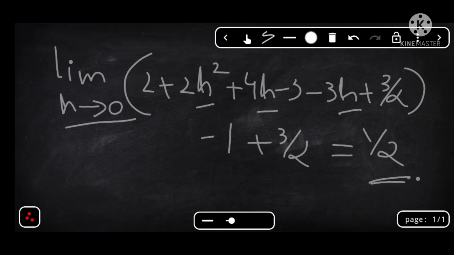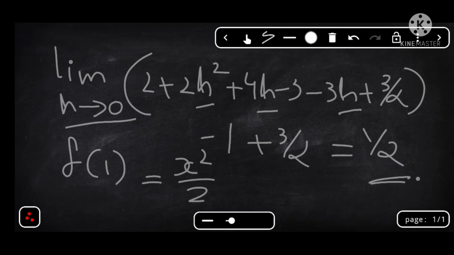So we got LHL equal to RHL; the left hand side limit and right hand side limit are the same. Now let's check for f of 1. If x is equal to 1, then our function will be x square by 2 as per the question.